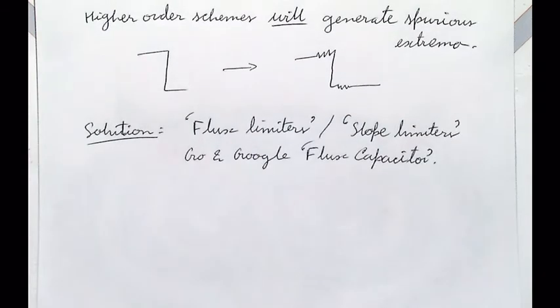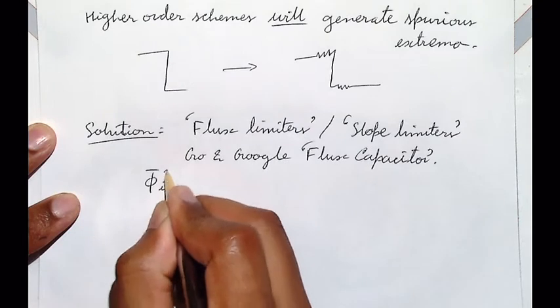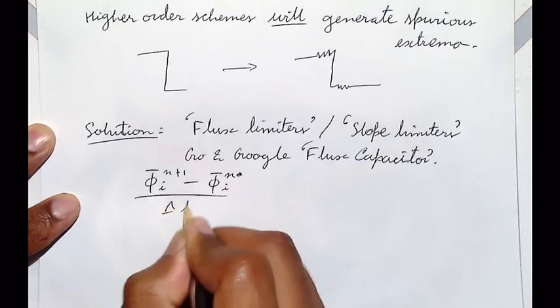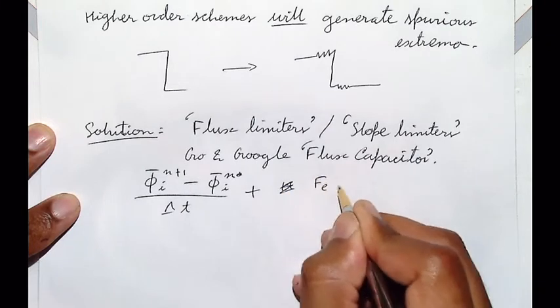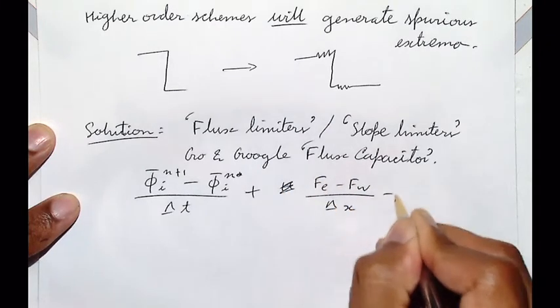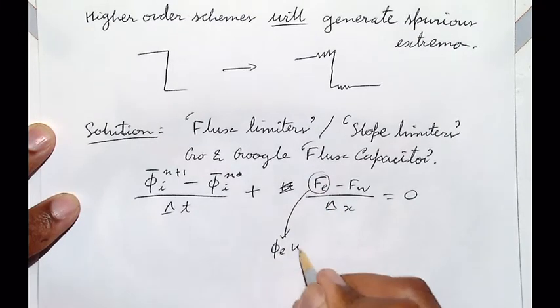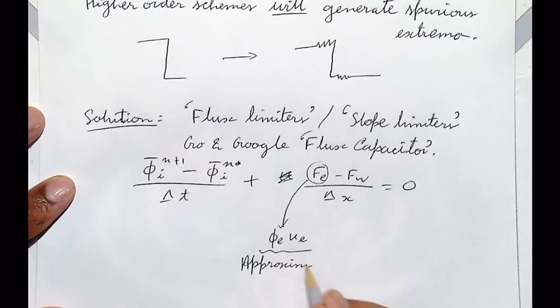So flux limiters, what do they do? Let me write our advection equation again. So we have phi_i^(n+1) minus phi_i^n over delta t plus, no, not u, F, is minus F over delta x. Sorry. And this is again phi_e u_e. And this can be approximated using QUICK, for instance.